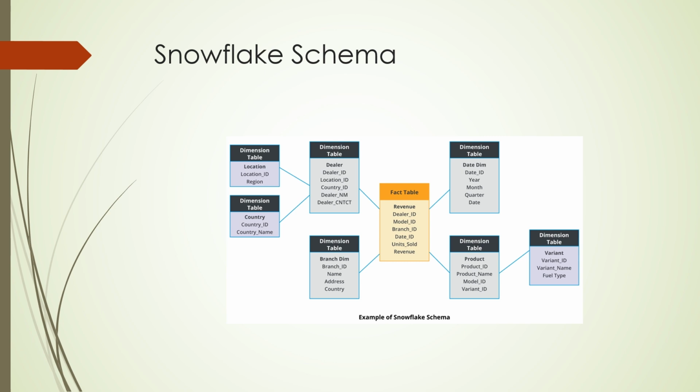So the snowflake schema creates normalized dimension tables. The database structuring strategy that organizes tables is reducing redundancy. The purpose of normalization is to limit redundant data to reduce overhead.